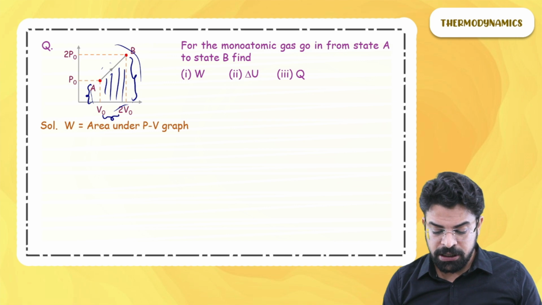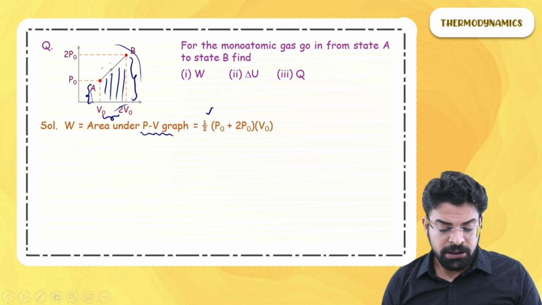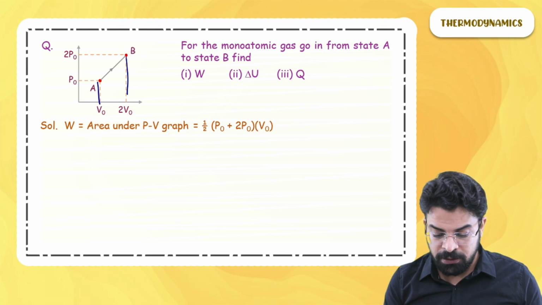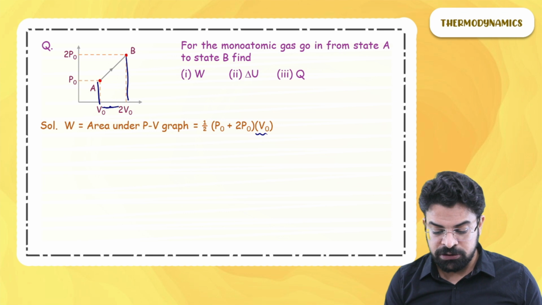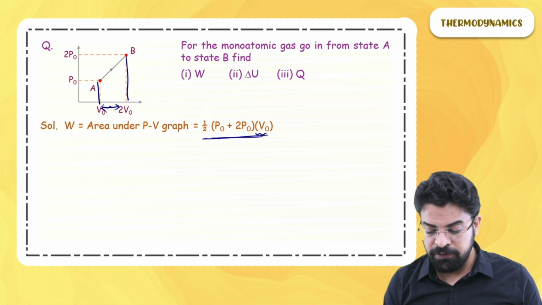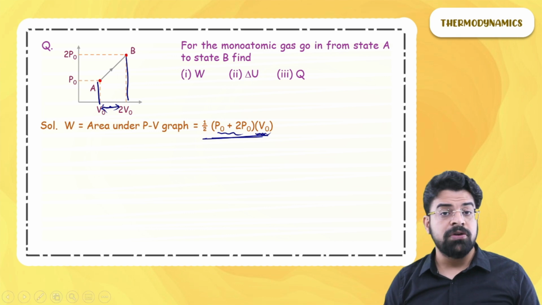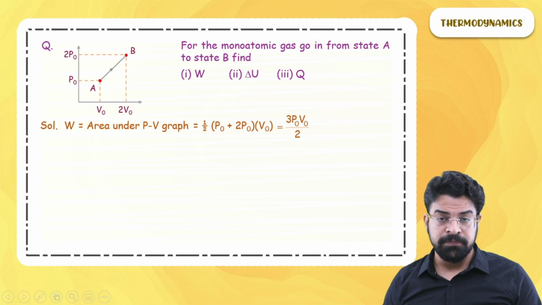So half into 3P0 into V0. So the work done comes out to be 3P0V0 by 2. This is the work done.